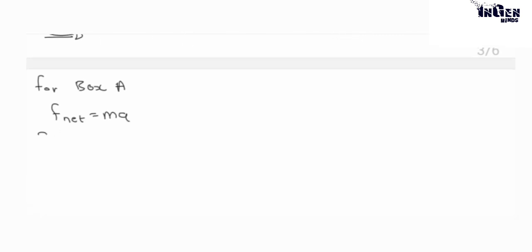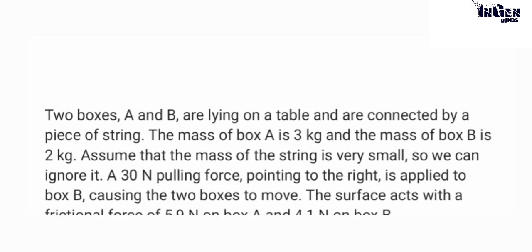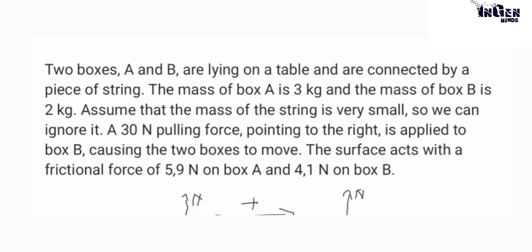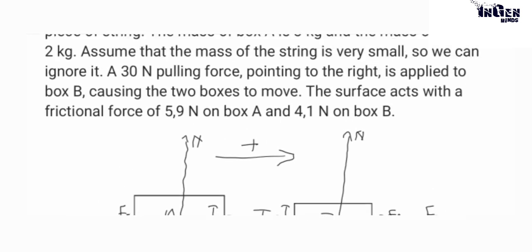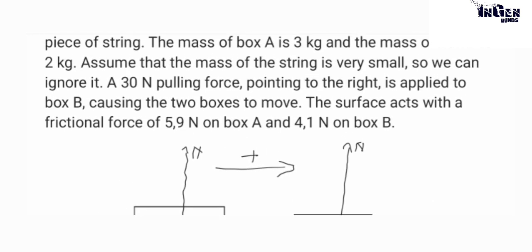So we're gonna have the tension right there minus the frictional force is equal to ma. And then what was the mass of box A? The mass of box A was 3 kg and box B 2 kg. And let me just point out the frictions.